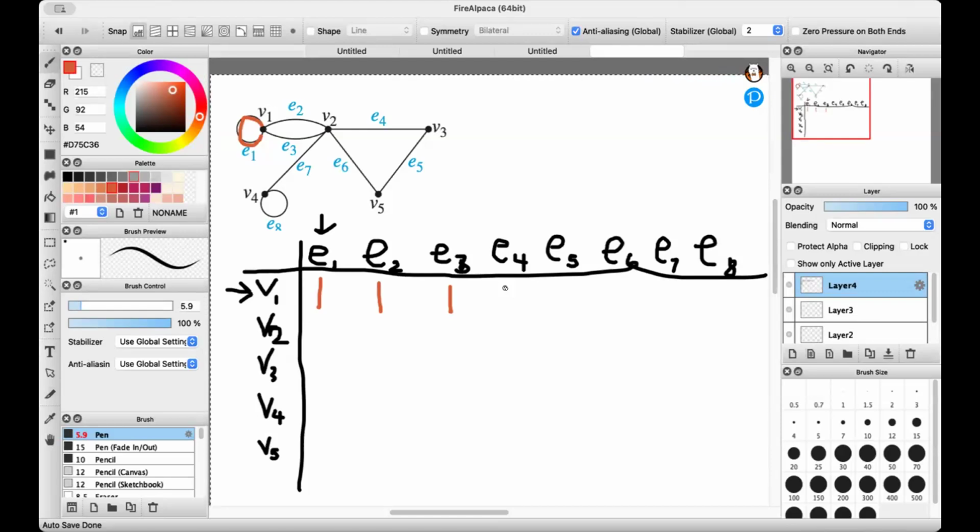Endpoint means like where it starts from, right? When we're talking about directed graphs, the initial point is where it starts from. The terminal vertex or the end vertex is where it ends. But I think they also use endpoint to talk about undirected graphs as well.